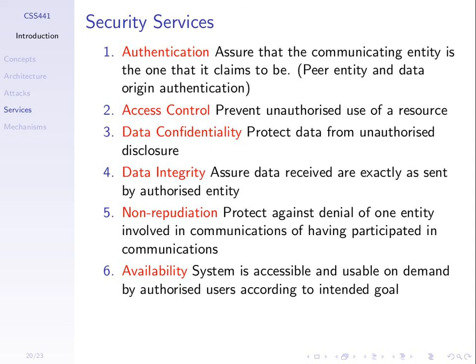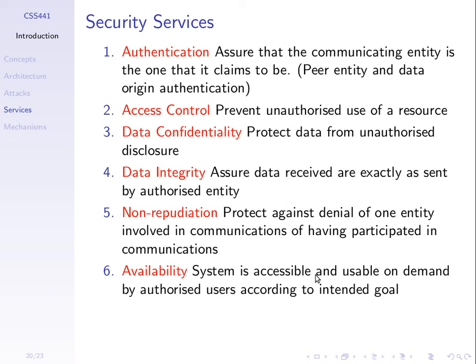So these are the key 6 services that we want to provide to our users or our computer system. We want to be able to authenticate who's who, check that if someone's sending a message that they are as they say they are, prevent access to resources they're not allowed to access, ensure that the data is kept confidential, no secrets are revealed, ensure the data is not modified along the way, we maintain the integrity, make sure that users cannot deny something's taken place when it actually has, and make sure the system is available to the users.